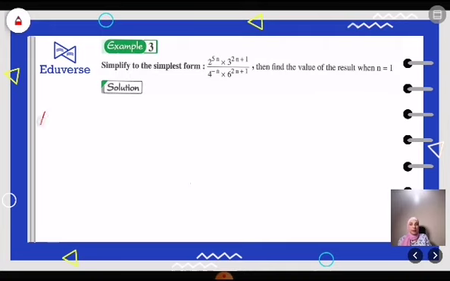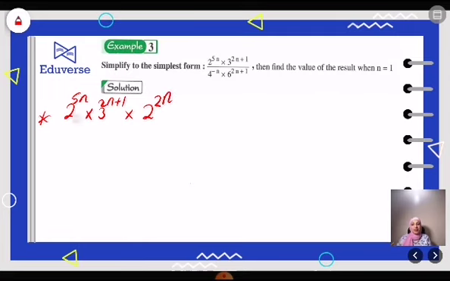Now I have it here: 2 to the power 5n multiply 3 to the power 2n plus 1 multiply... Can we make this 4 as 2 or 3 to any power? Yes, I can make it as 2 power 2. And it already has power n, now it's positive, not negative.